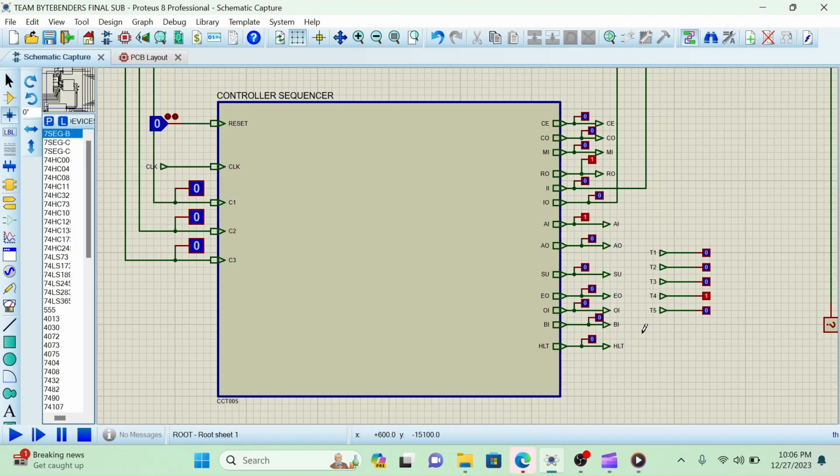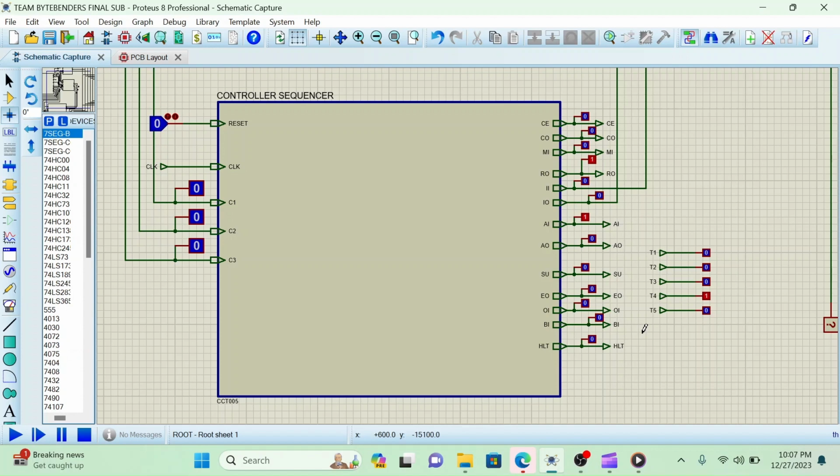The controller sequencer is a very important part of our 6-bit computer. We can also consider it as the brain of this whole system because it controls and creates sequences among all the modules for any operation we code it to do. Here we can see the controller sequencer has 5 input pins and 13 output pins.